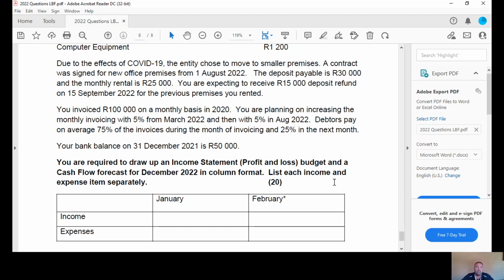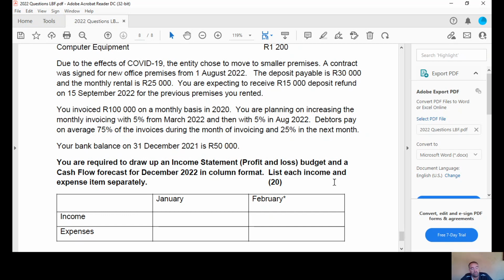Then debtors pay an average of 75% of the invoices during the month. So that part we did. So in the month where you show the fee, you show 75% as a receipt, and in the month after, 25%. I just want to make a note on this. Remember, this is an existing firm. It's not a new firm. So you guys must assume that in December 2021, you wrote fees of 100,000 Rand.